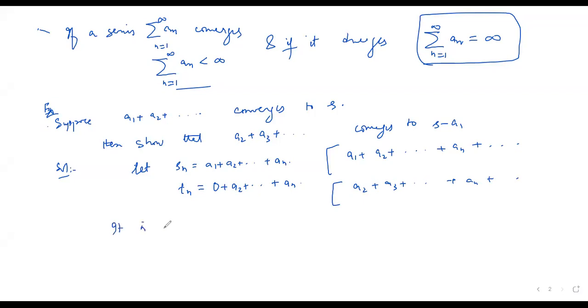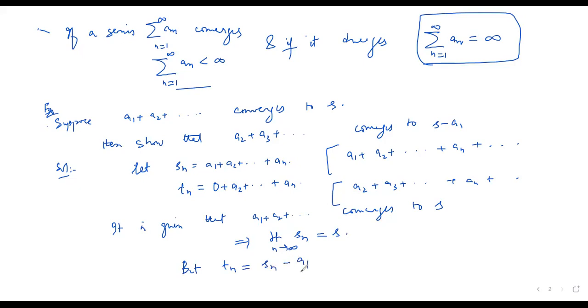Now it is given that summation यानी a1 plus ऐसे लिखते हैं, converges to s. इसका मतलब क्या है? इसके जो nth partial sum है, limit n approaches infinity, right? Sn is equal to s, but Tn is nothing but Sn minus a1, right? तो अगर इसको Tn में से a1 निकालेंगे तो you get Sn, या Sn में से a1 निकालेंगे.